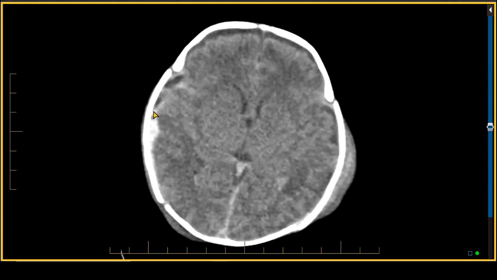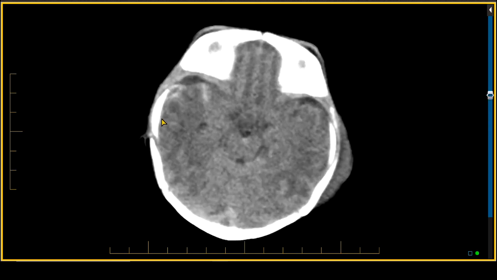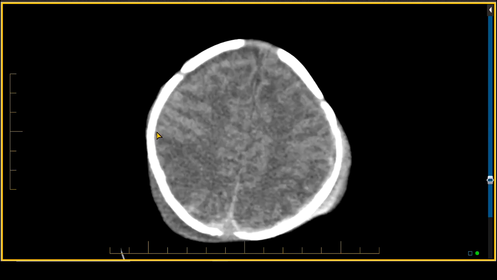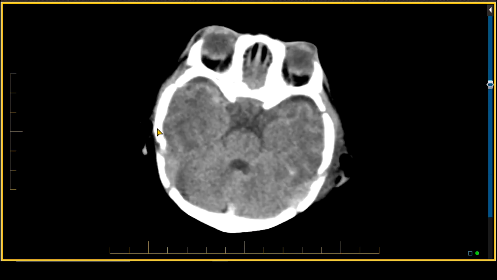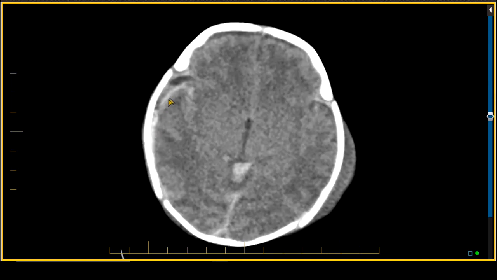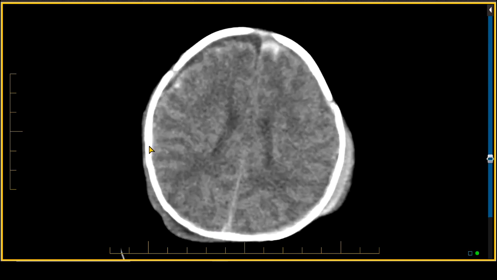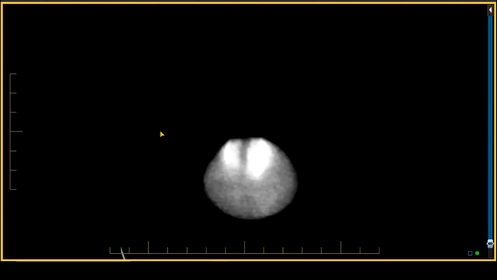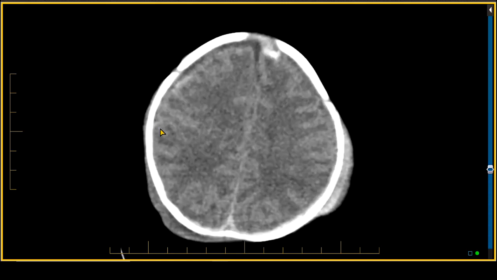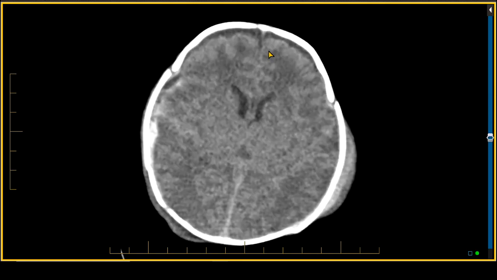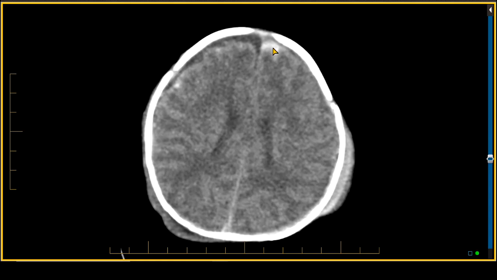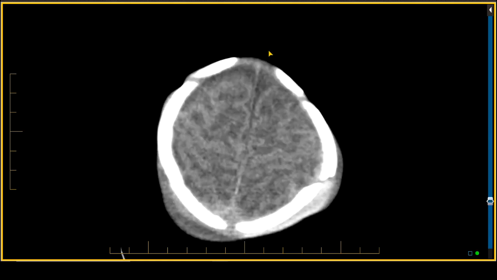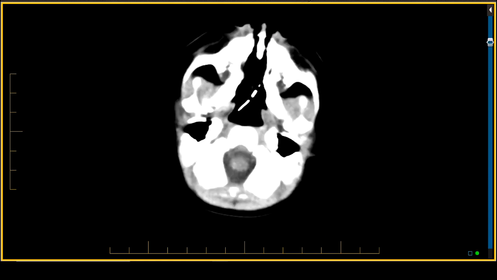And one continues to see an extraaxial collection which looks a little bit larger, more posteriorly on the right side, again with mixed density suggesting that this may be unclotted blood that is still bleeding currently. You notice also a new area of hemorrhage in the cortical surface of the medial aspect of the left frontal lobe. Let's see the patient's MRI scan.